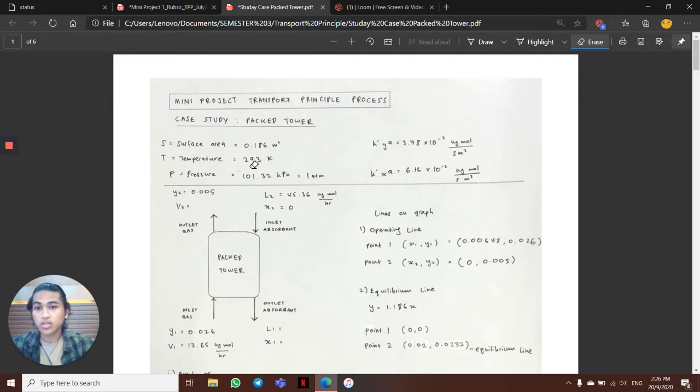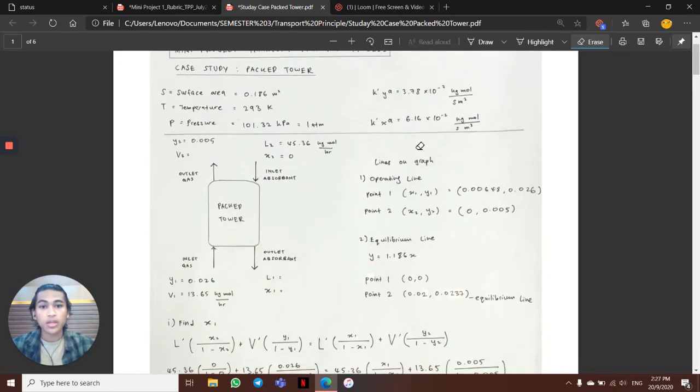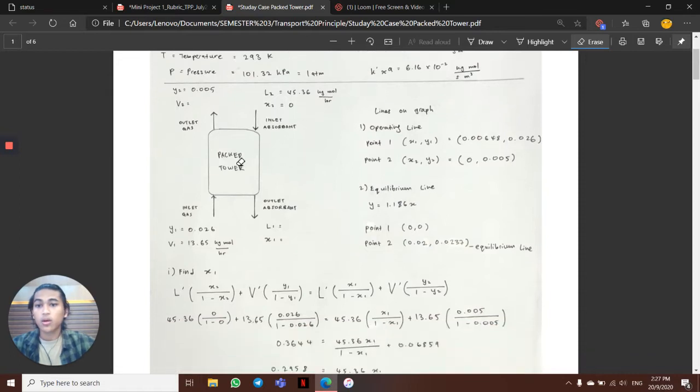The temperature is 293 Kelvin and the pressure is 101.32 kilopascal, which is equivalent to 1 atm. And then these are the mass transfer coefficients. K prime YA is for gas, meanwhile K prime XA is for the liquid. Alright, moving on, we'll go to the packed tower.